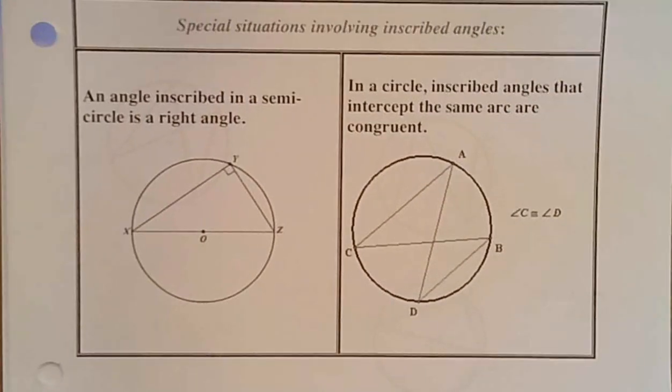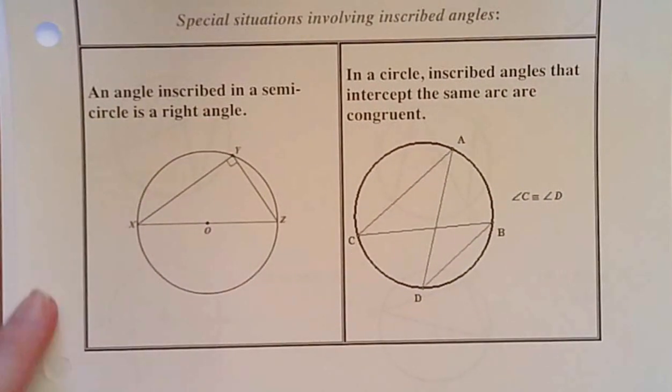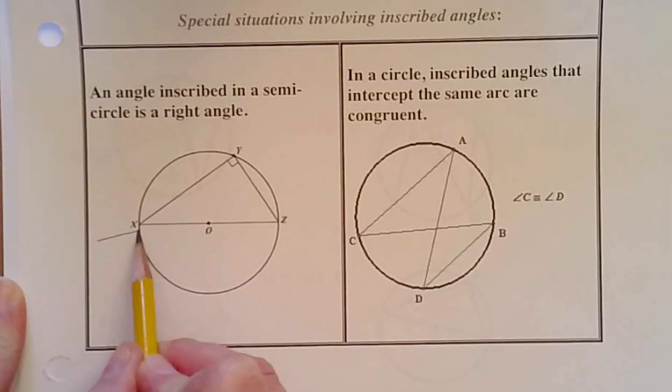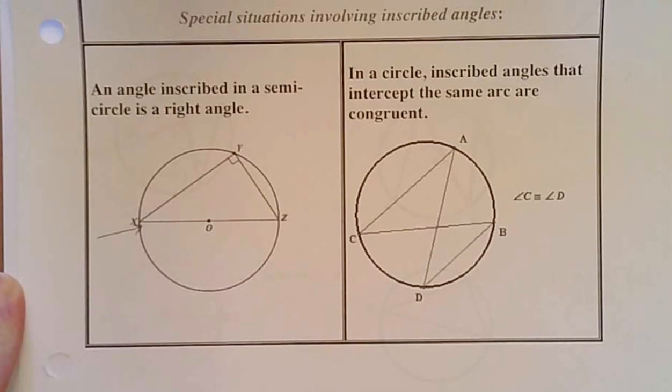So here we have an angle that's inscribed in a semicircle. I look at this picture, the first thing I see is this diameter. As soon as you see this chord, this segment going through the center, it's a diameter, and that tells you that you have a semicircle of 180 degrees.